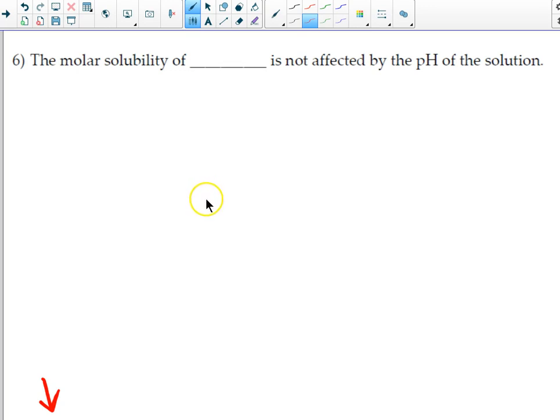The reason why is if the cation makes a weak base, so let's say it's like aluminum, and it's +3 up here, and it's in water, this will grab an OH minus, right?